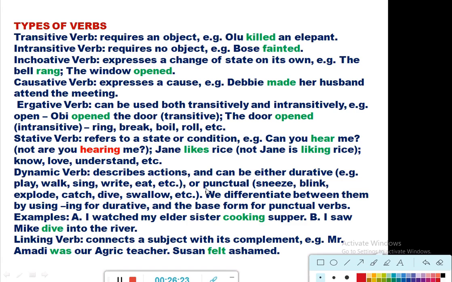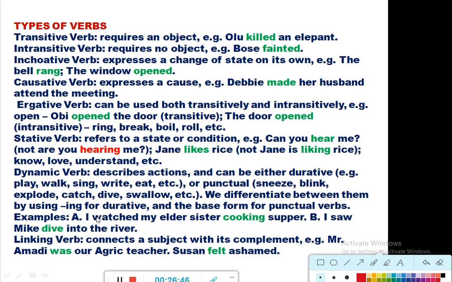Or another type of dynamic verb is punctual, something that happens in a moment, such as sneeze, blink, explode, catch, dive, swallow.